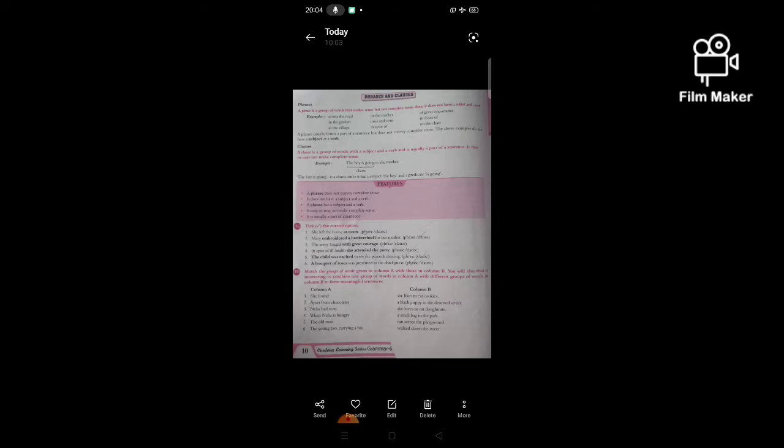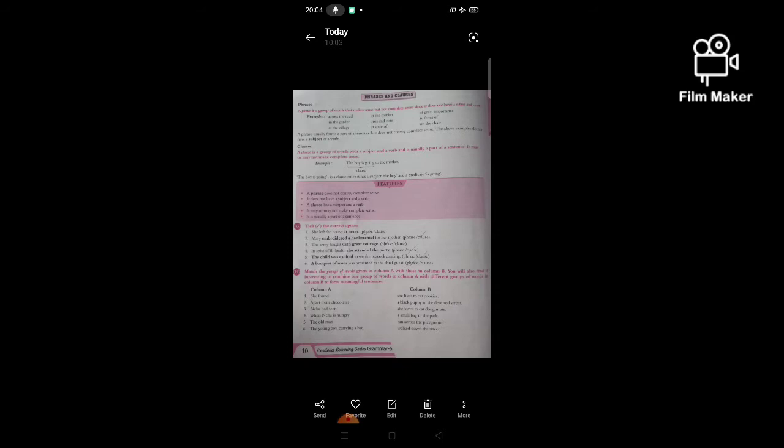The above examples do not have a subject or a verb. So, like the sentence, it is also a group of words, but it doesn't make complete sense and does not have a subject and a verb.